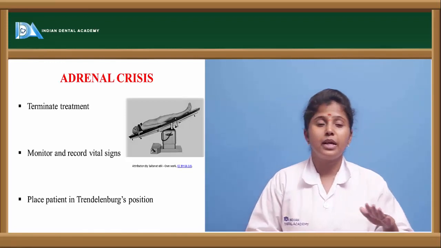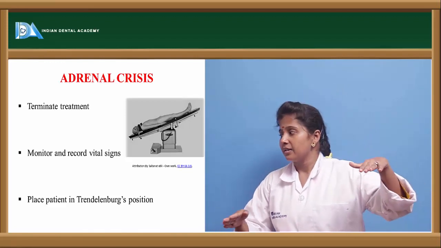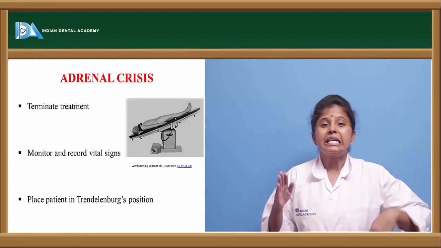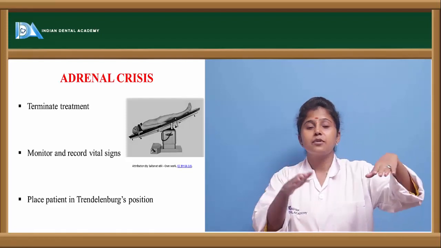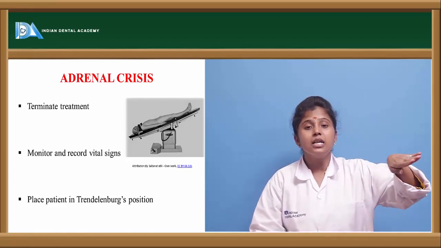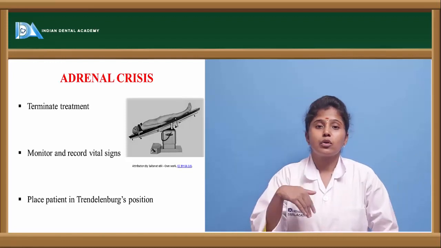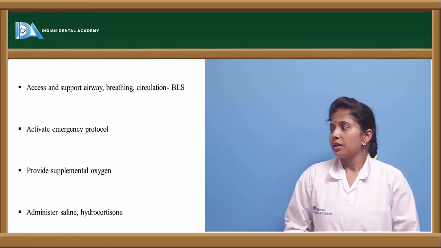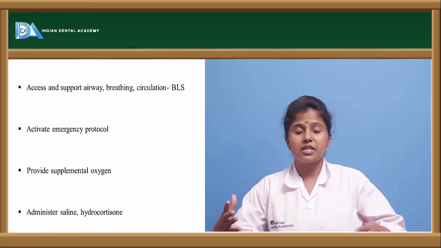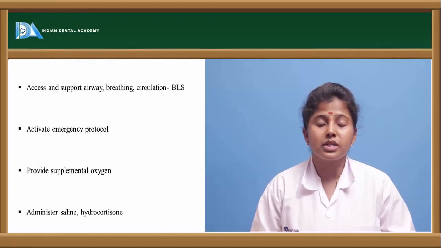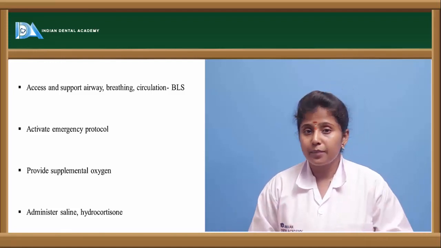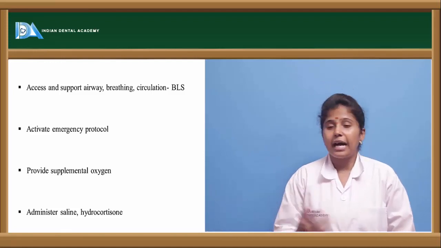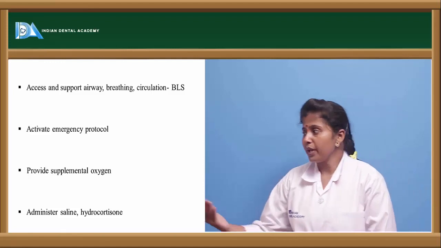And thereby the person should be placed in Trendelenburg's position. That is, the person should be placed inclined in a slant position in order to prevent the risk of this adrenal crisis. The person should have a proper airway. Proper ventilation should be given to the person in order for him to breathe properly, and thereby the emergency protocol should be followed.